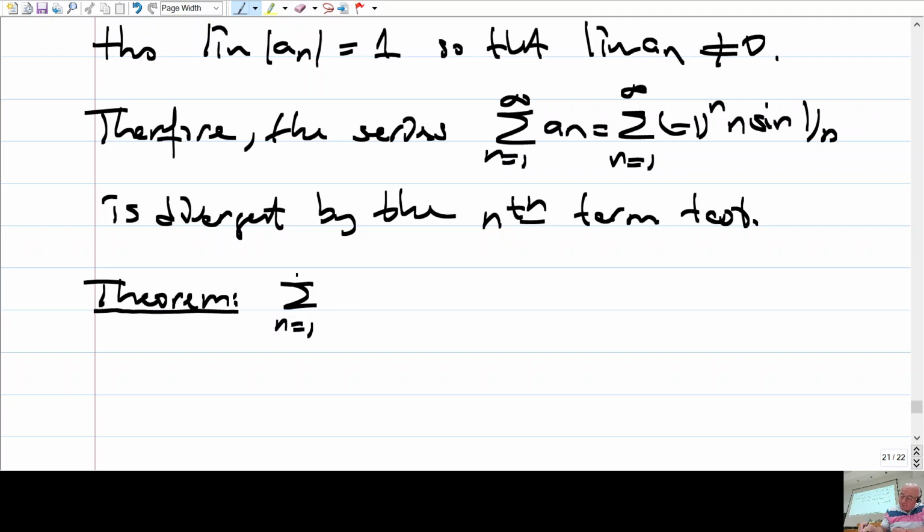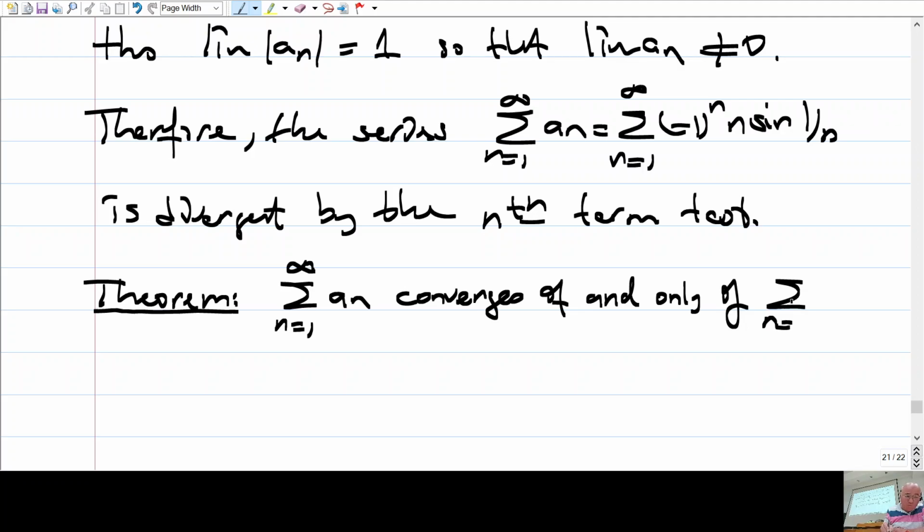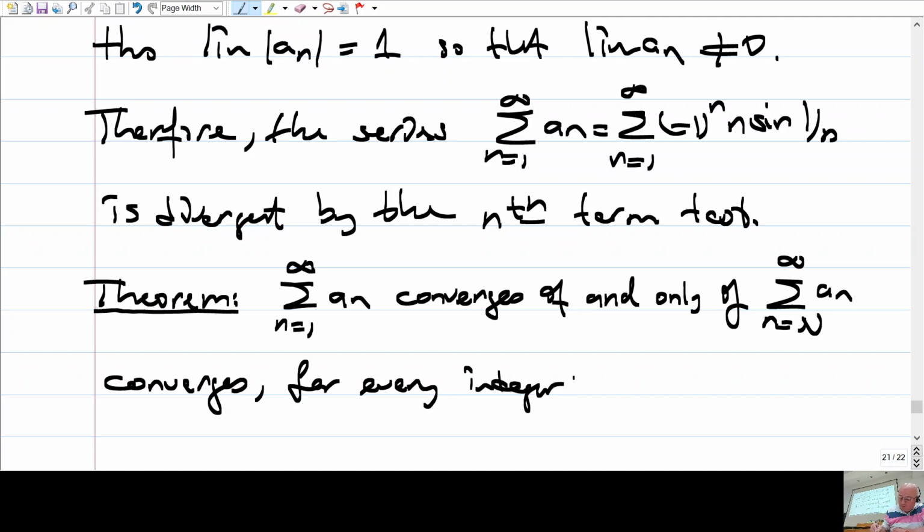This series, the sum from 1 to infinity of an, converges if and only if this series, the sum from some bigger number N to infinity of an, converges for every integer N.